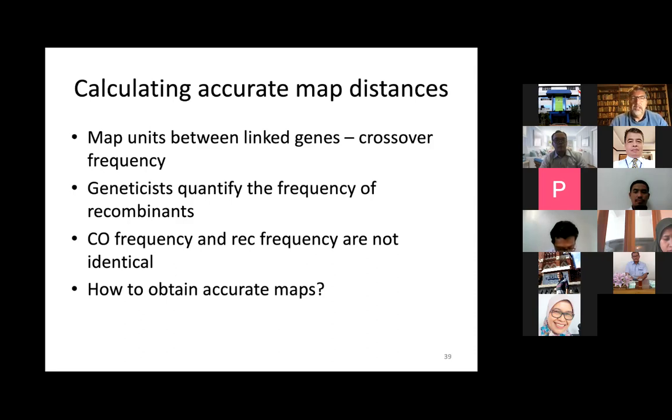The map units between linked genes usually are a measure of crossover frequency, and what geneticists quantify is the frequency of recombinants.